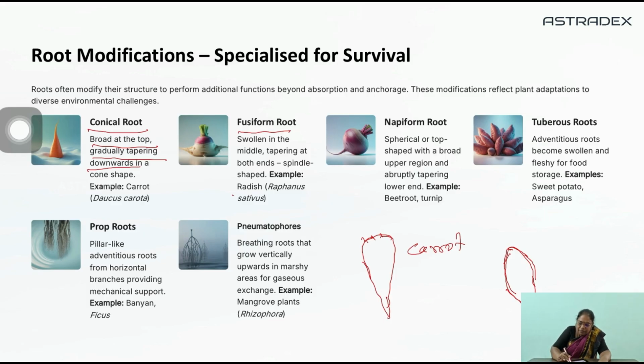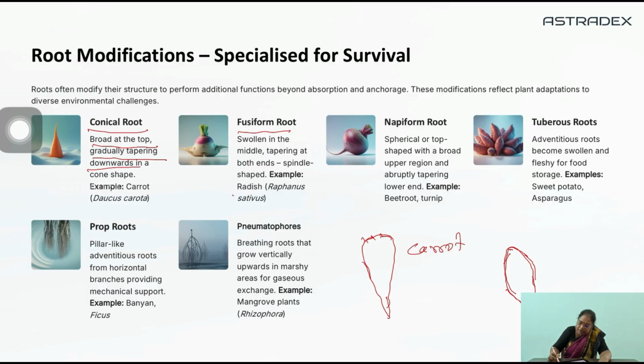Third one is napiform root. Napiform roots are spherical or top shaped, and suddenly tapering at the end. So spherical or top shape with a broad upper region.